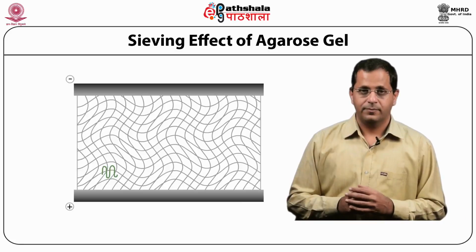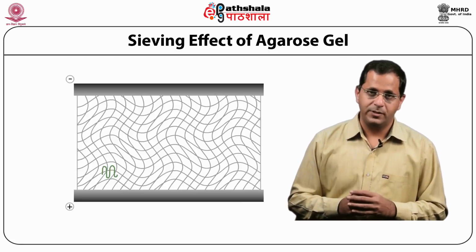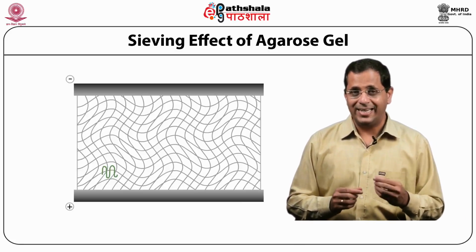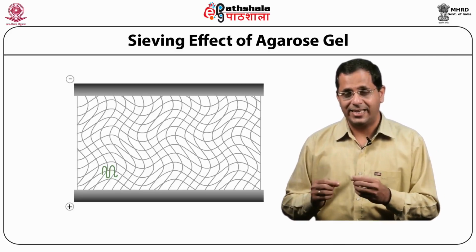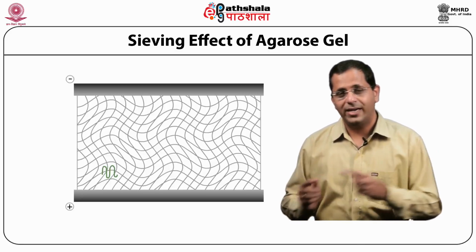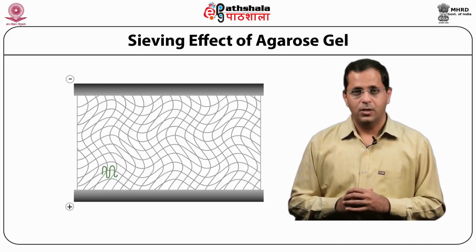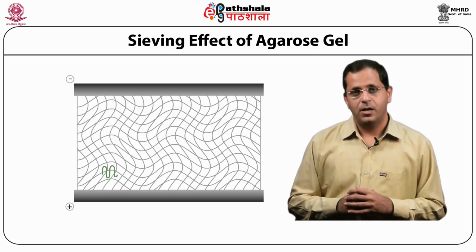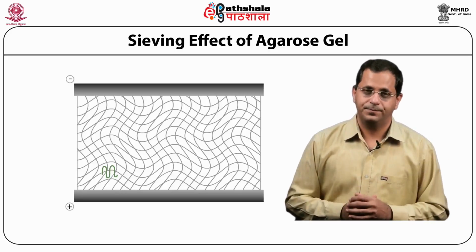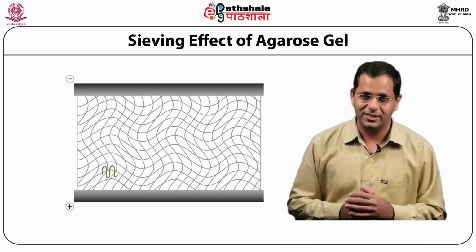Now, again I pose a question: which is the vehicle that will take the least time to go from one end to the other? Would it be the bicycle? Would it be the auto rickshaw? Or would it be a big truck? Do you have the answer now?